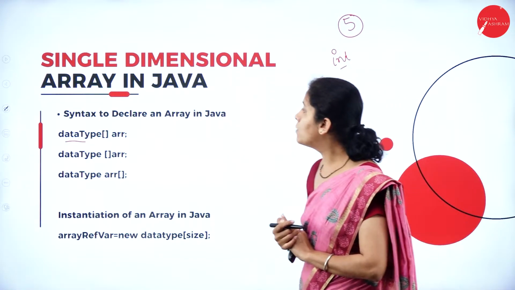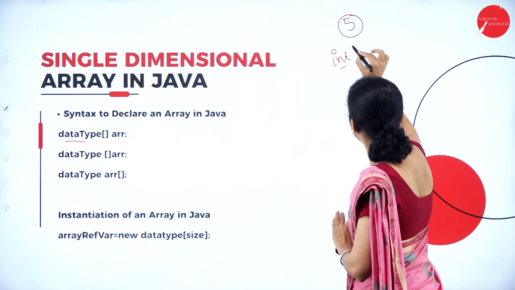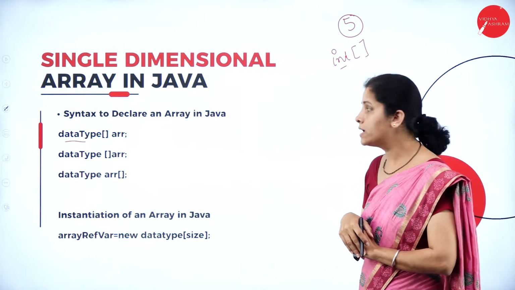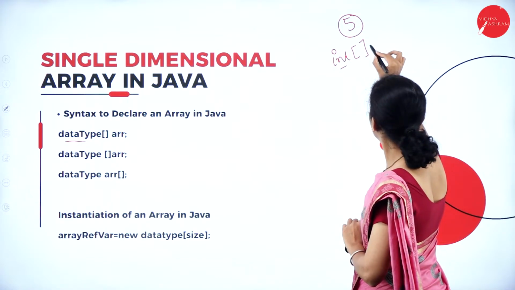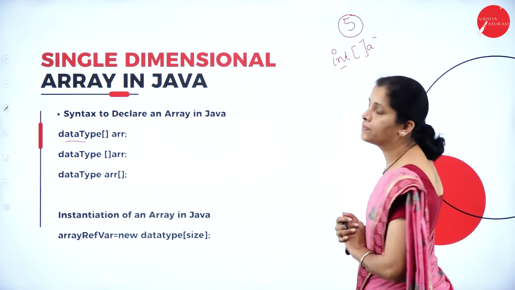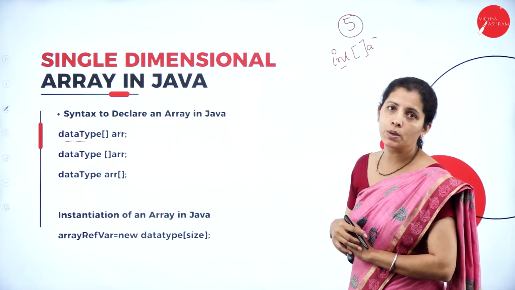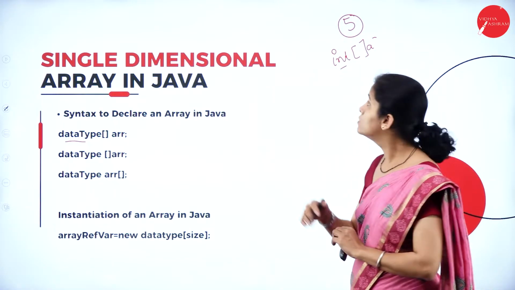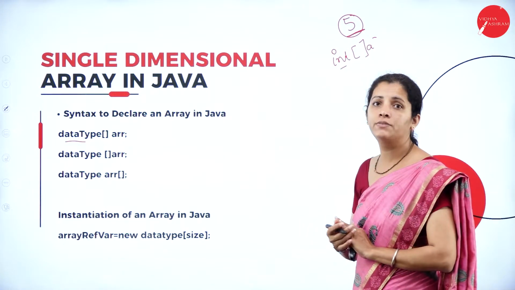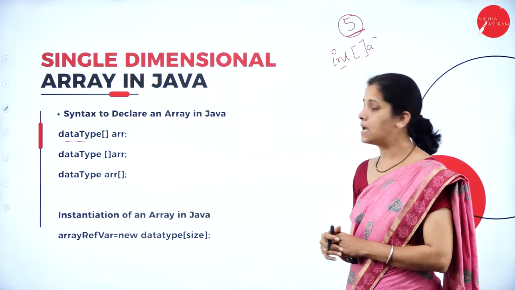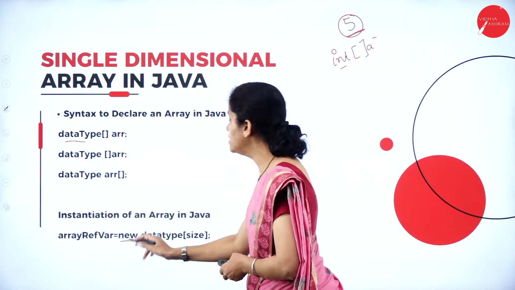Now, see, in Java, first I'm going to write the square brackets. Then I'll write A. Suppose you want to specify the size directly, you can specify it. So what is the size here? It is 5. And in Java, to specify the size, I'm going to use the keyword new.